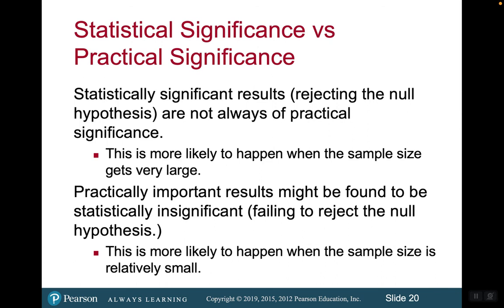If we have large sample sizes, statistically significant results are not always of practical significance. So the larger the sample sizes, it's not quite as important. Whereas as we get a smaller sample size, we will find ourselves failing to reject the null hypothesis when the sample size becomes smaller.